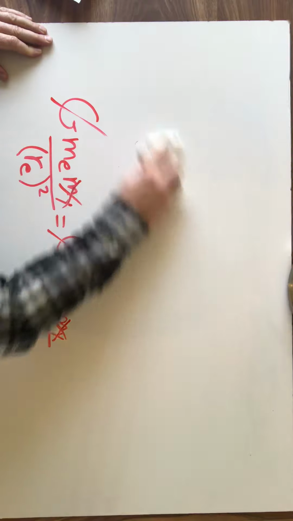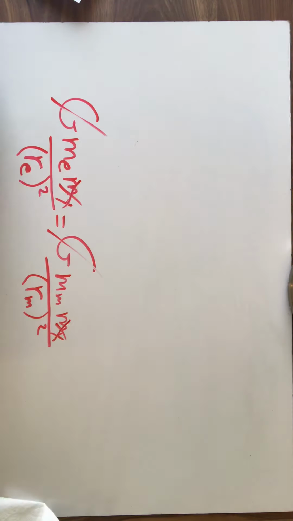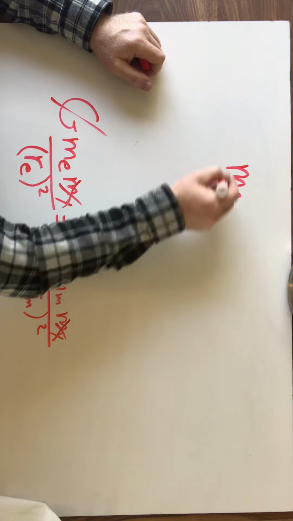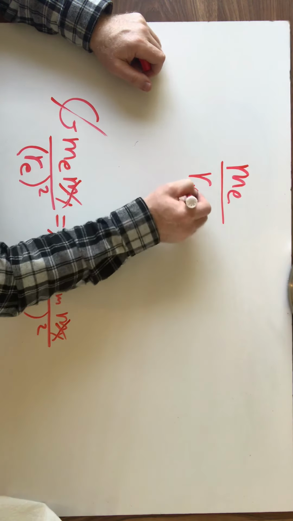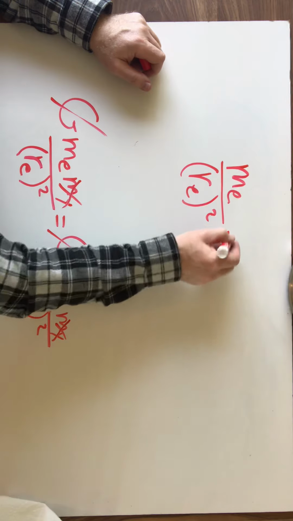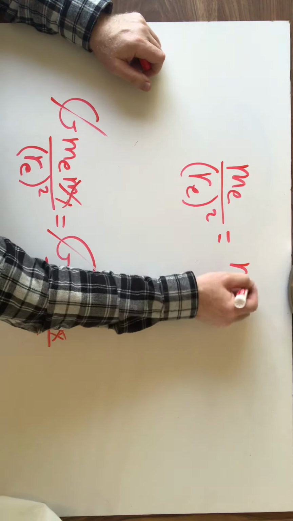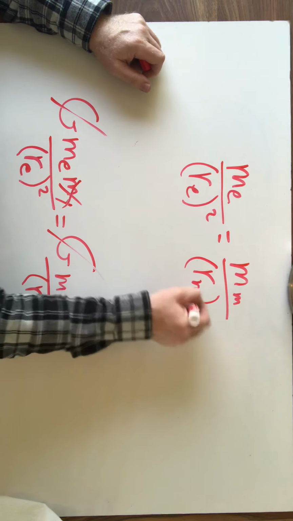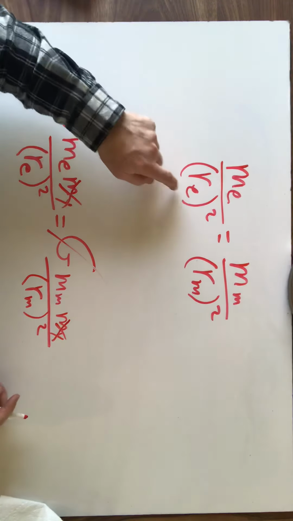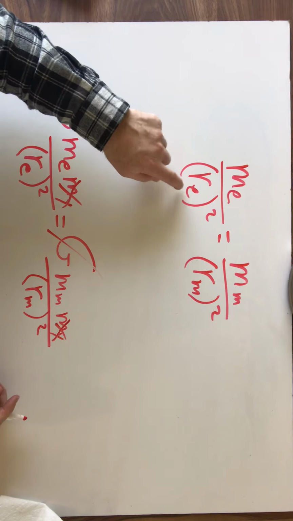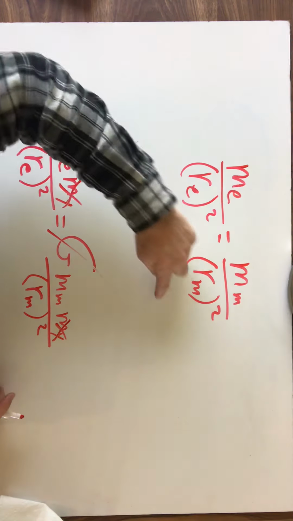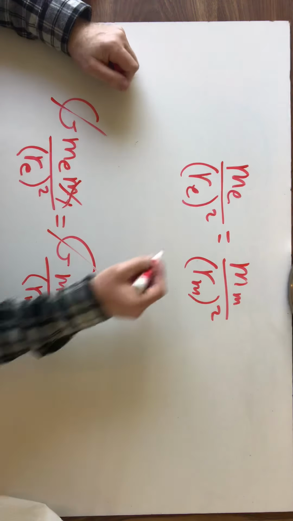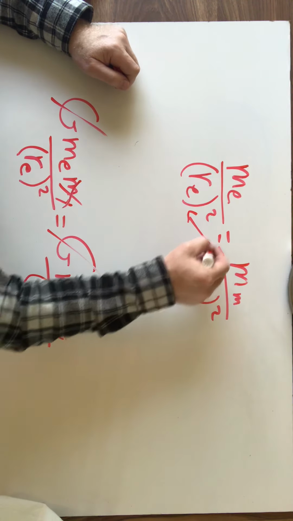We have the mass of the Earth over the distance to the center of the Earth squared equals the mass of the Moon over the distance to the center of the Moon squared. Solving for the distance to the center of the Earth, cross multiply, divide, switch those.